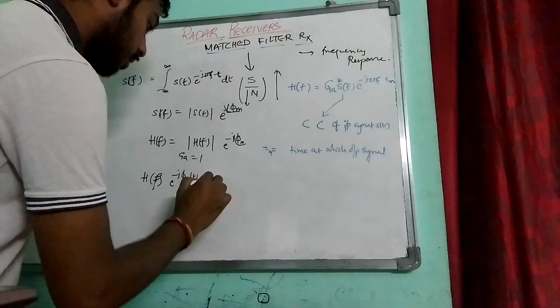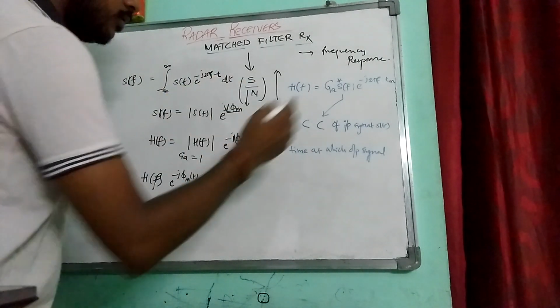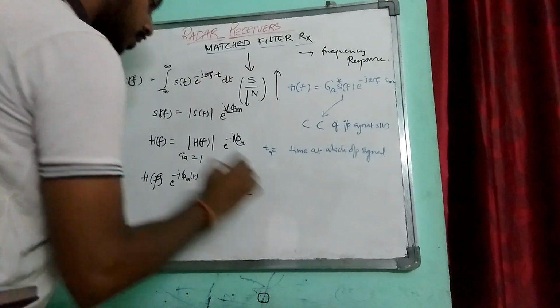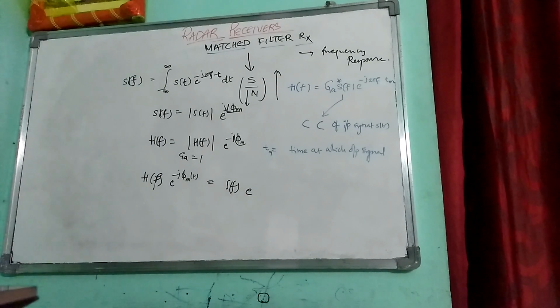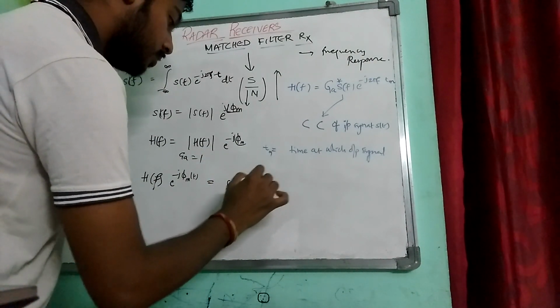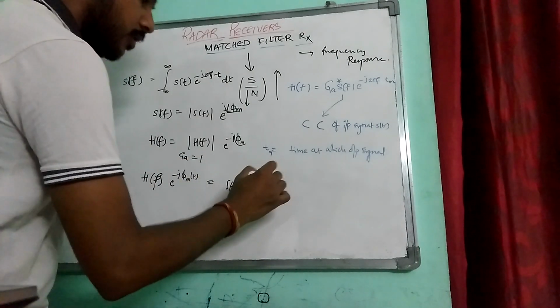This is given by S of f, which we already know, into e power minus j 2 pi f t_m, so we take e power j phi_s minus 2 pi f t_m.